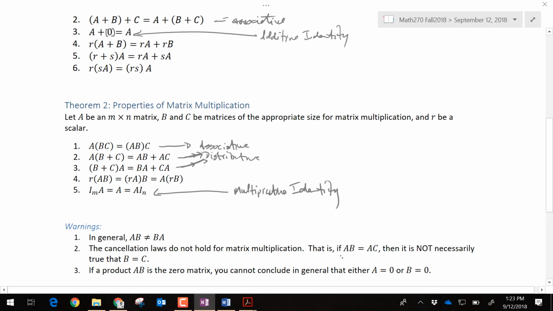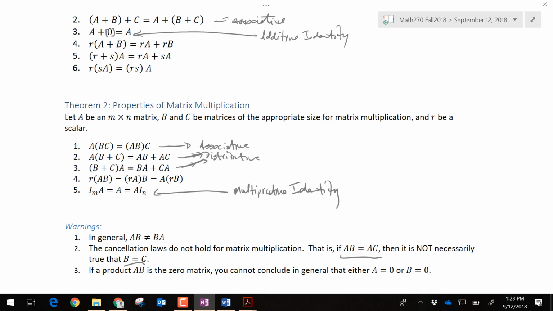So for you to be able to say, I want to get rid of the A's and just cancel them out, you need A to be what's called invertible. And if A is not invertible, then AB equals AC does not necessarily mean B equals C. And you know the zero factor property that we learned in algebra?